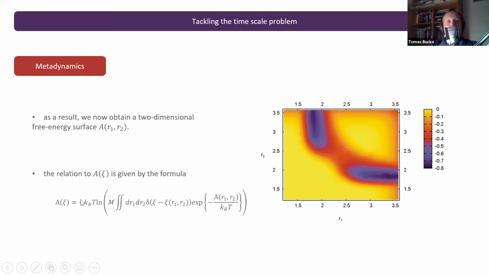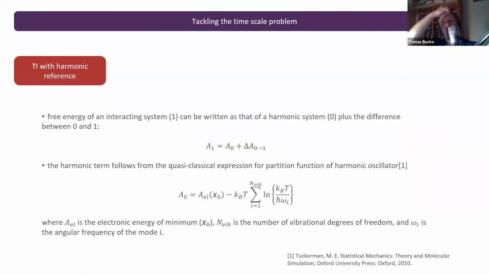You can recover the profile from the free energy surface. Nevertheless, it is not exactly the same thing. They are related, but they are not the same. So it would be a big mistake to compare results obtained using a different number of collective variables, as is unfortunately done in the literature.